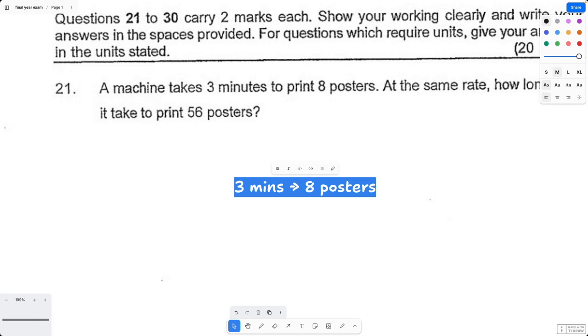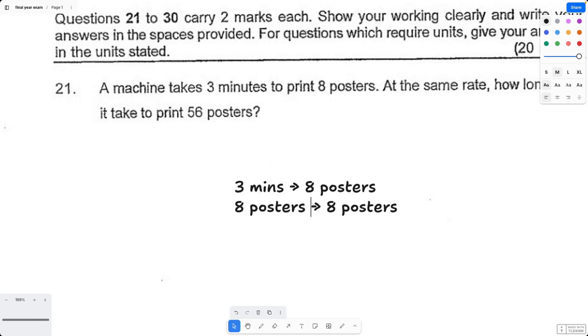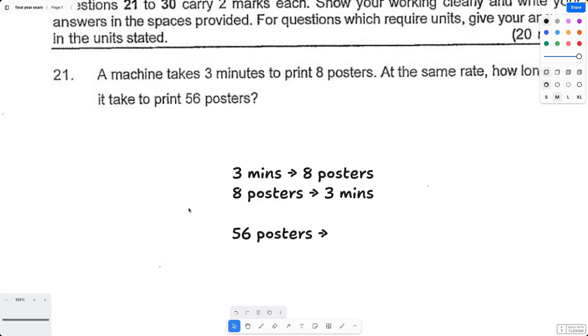So we can reverse this, right? So 8 posters is in 3 minutes. So how many minutes for 56 posters?